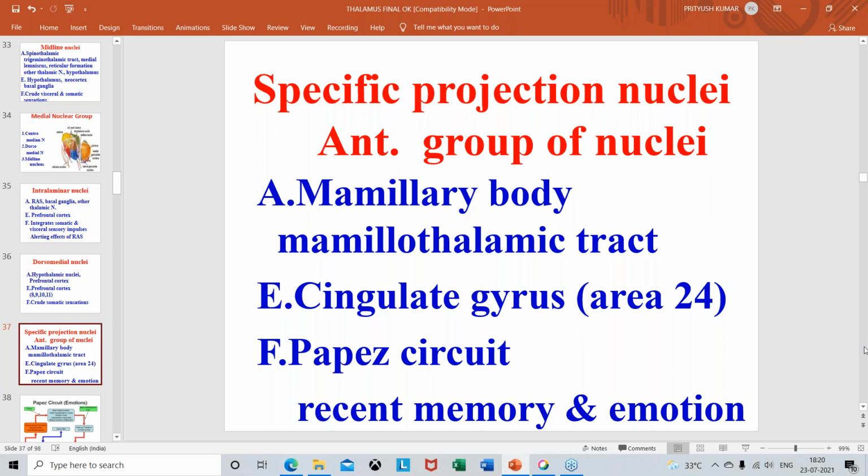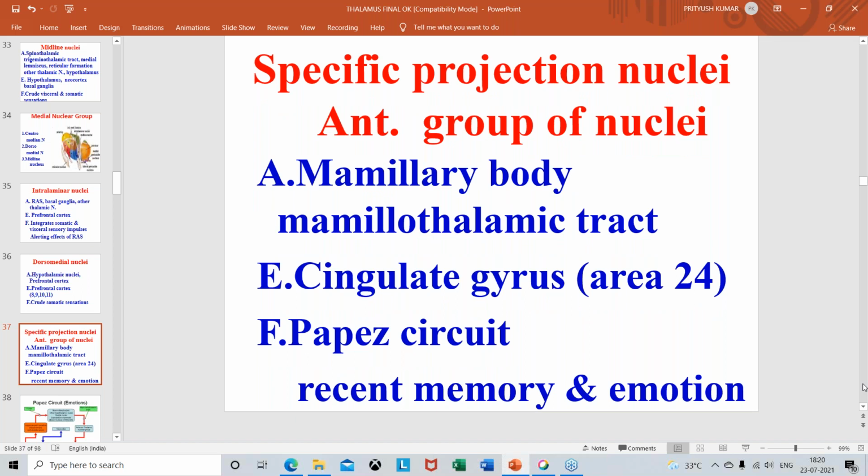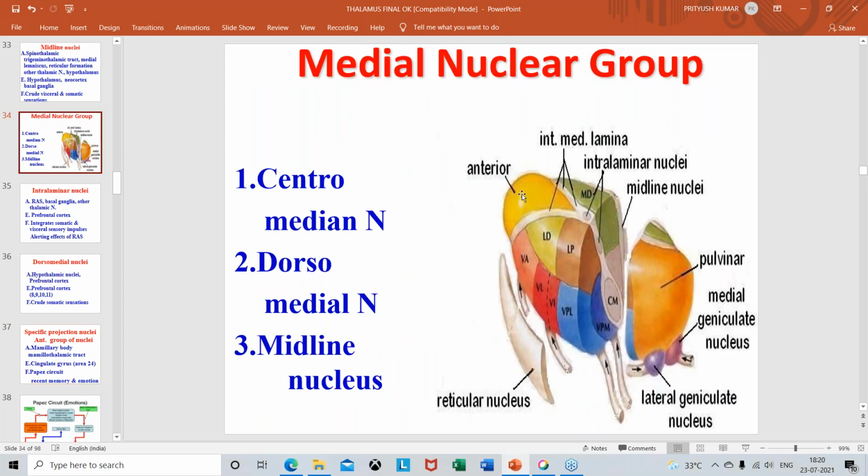The efferents go to the cingulate gyrus, and they are part of the Papez circuit. And this circuit is important for recent memory and emotion. So this is the anterior group of nuclei. If you see, this is the anterior group, which is quite a big nucleus.